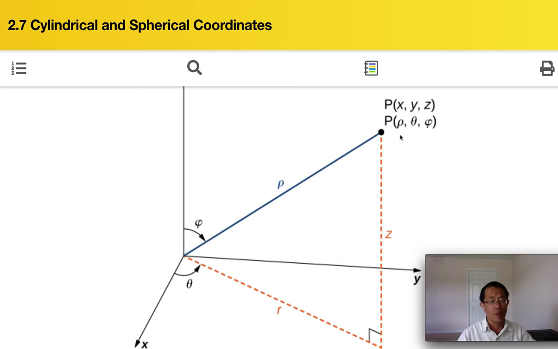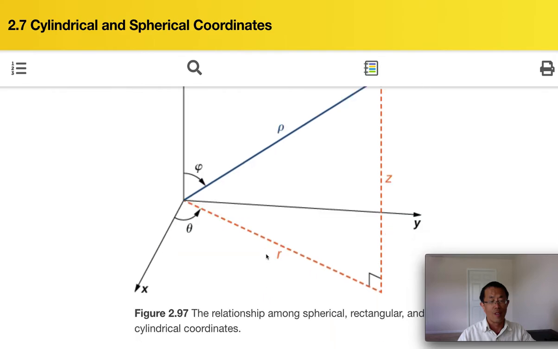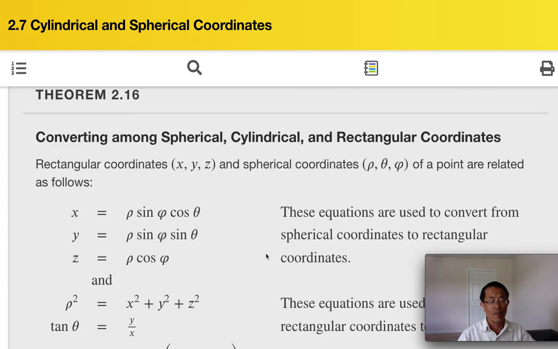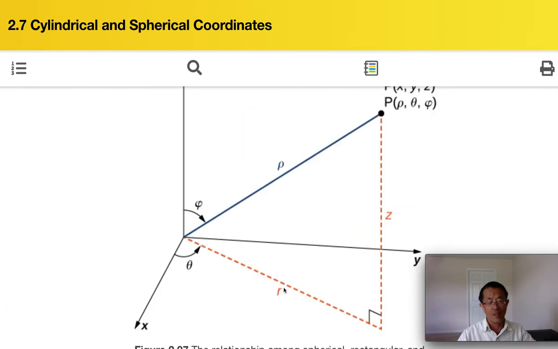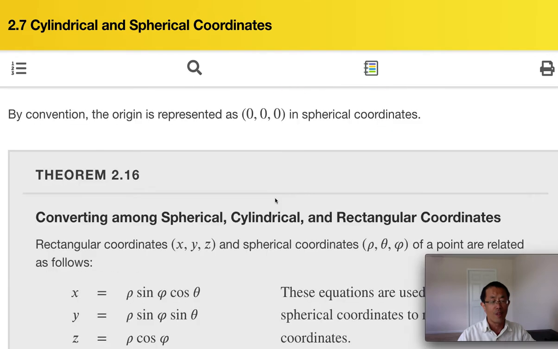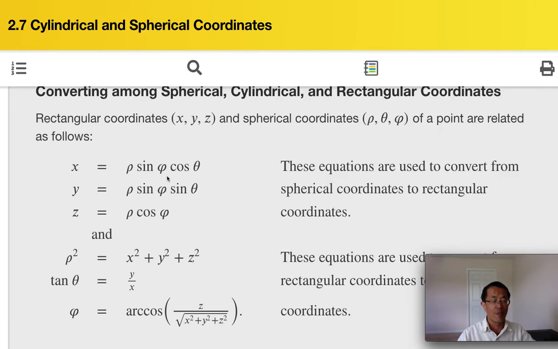It really would be very helpful if you see r in the spherical coordinates, because in the spherical coordinates, r really can be considered as the line segment opposite to this angle phi, at the top there. Okay, so r is rho times sine phi.